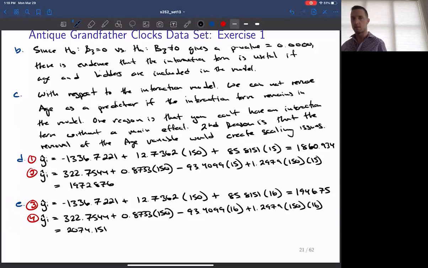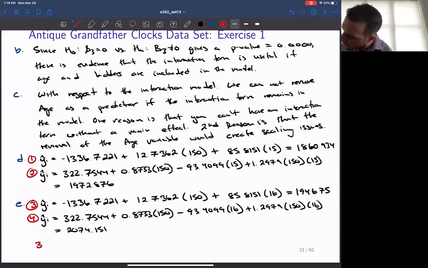All right. Okay, so let's just take a look at a few things here. We talked about in the last lecture, last Wednesday, how the interaction term influences the slope of the other variable, of the explanatory variable that isn't being fixed. Okay, so in this example, we are always considering 150-year-old clocks, but we're changing the number of bidders.